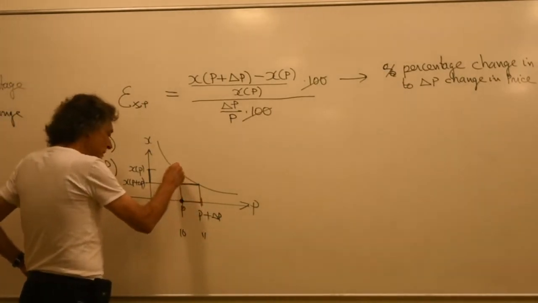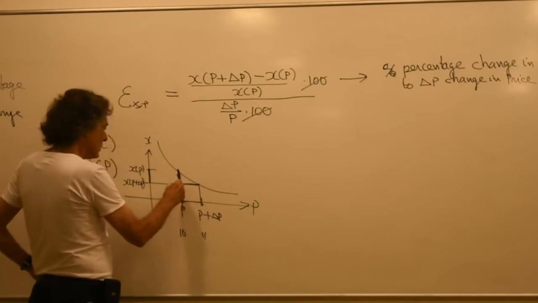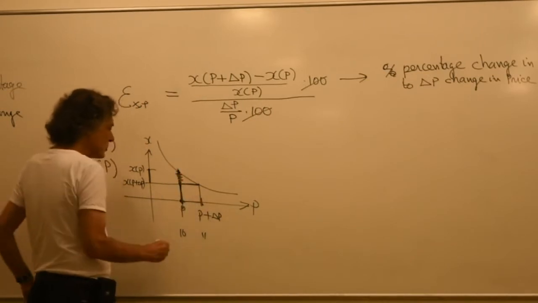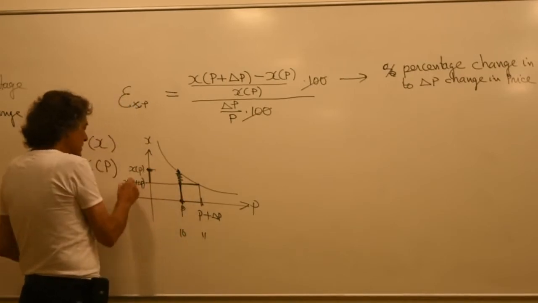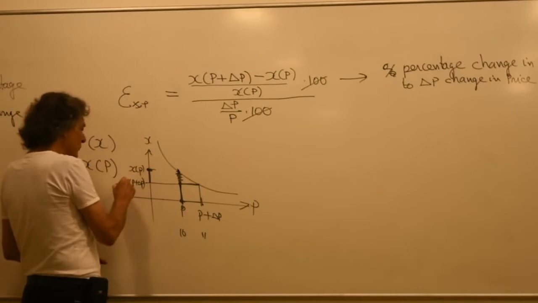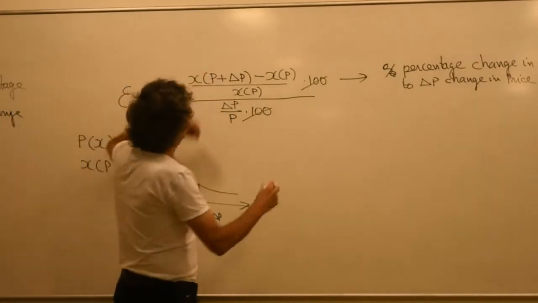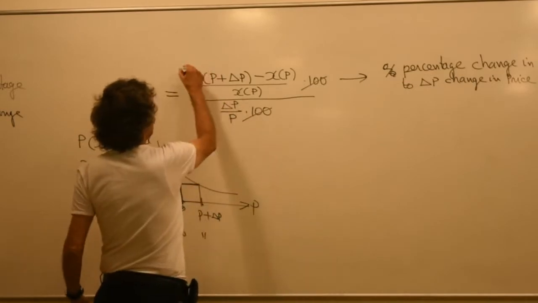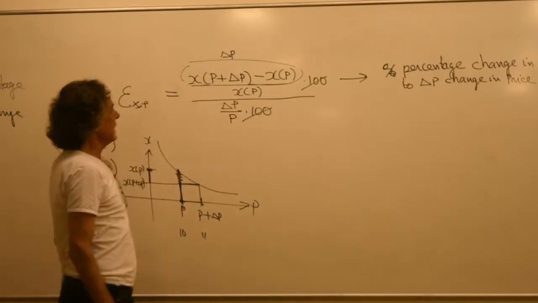I reduce my demand due to the increase in price, from that to that, so this is the change. But the original one was X, and now it's X of P plus delta P. So this part is delta X.